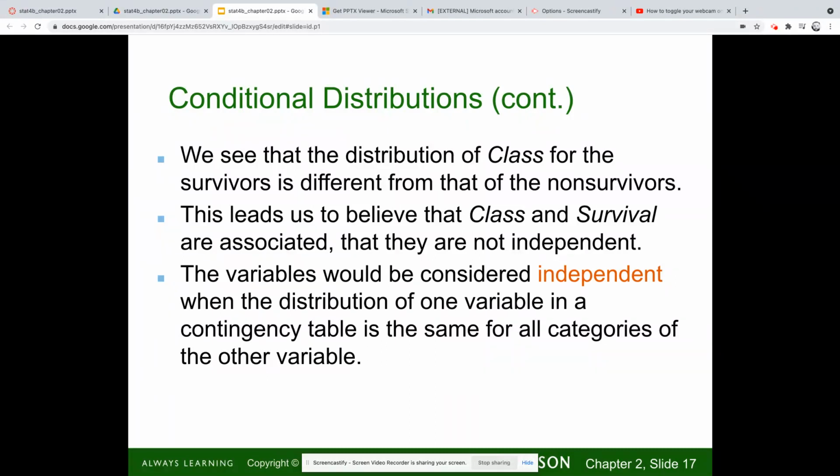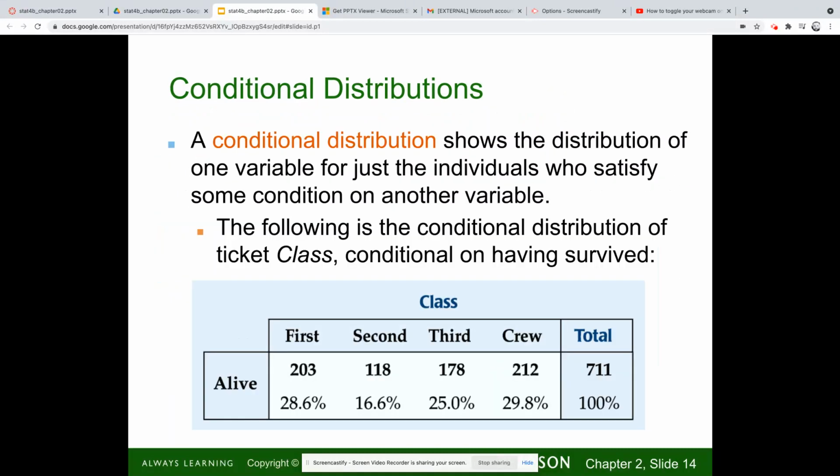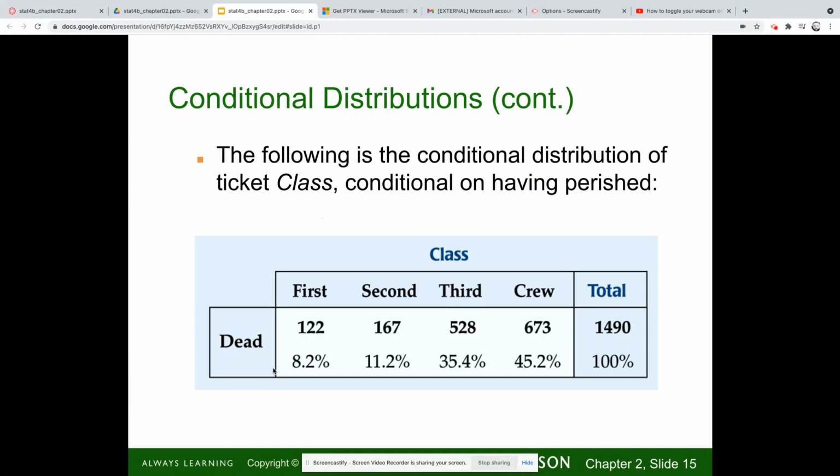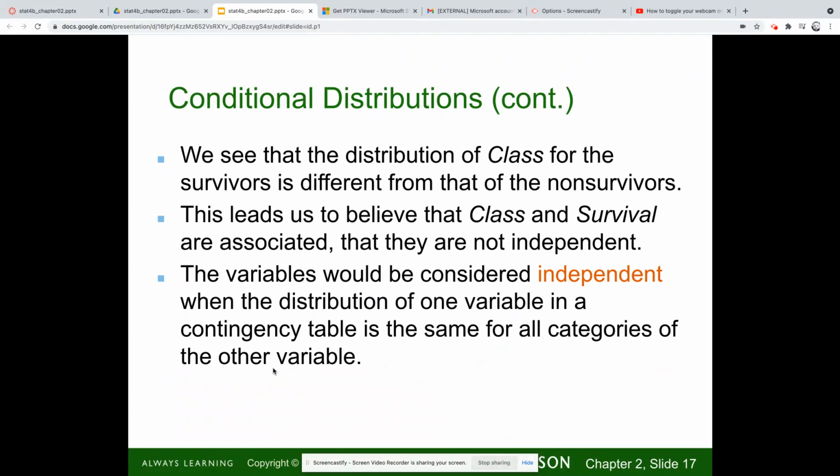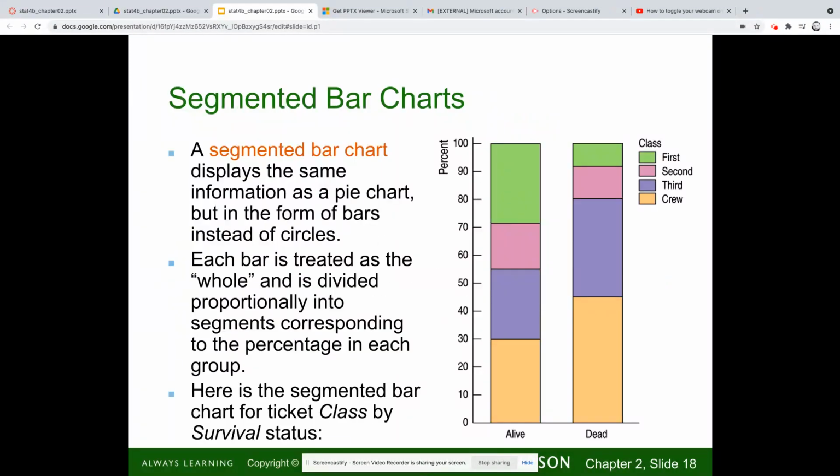In other words, if I look back here and all of these said 25%, then I would say, yeah, these are independent variables. It doesn't matter what class ticket you had. They all had an equal opportunity to survive because 25% of them survived. Right. But that's not the case. So we couldn't say those are independent.